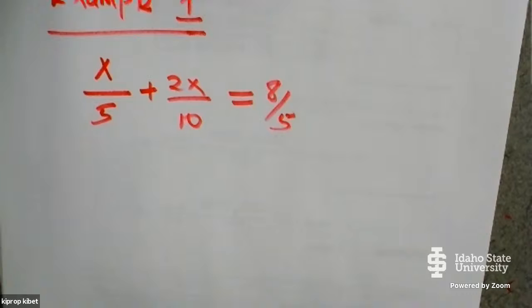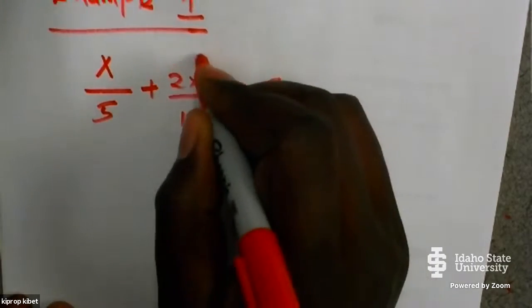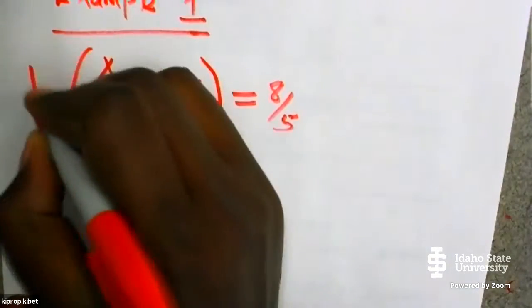We have 5, 10, and 5, so look for a number which can divide all of them so that the denominators will not be there, so that you have ones here. That number is 10. So you multiply by 10.